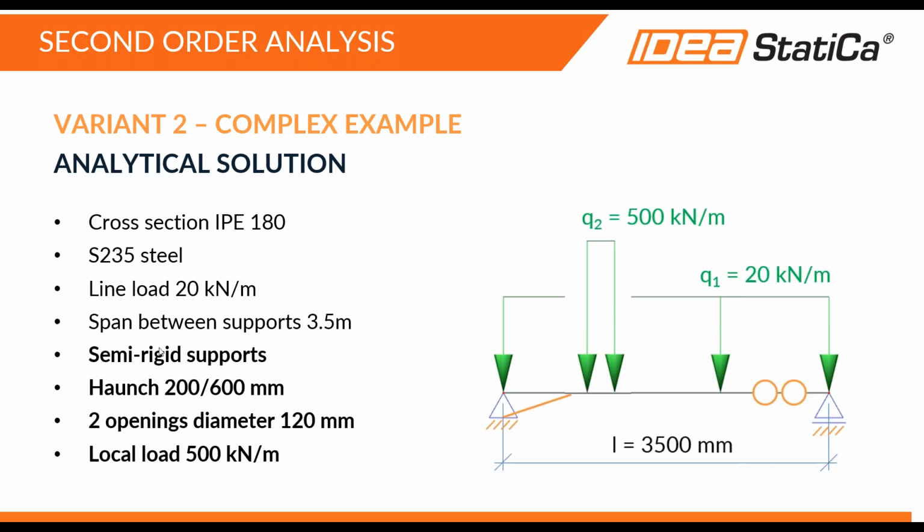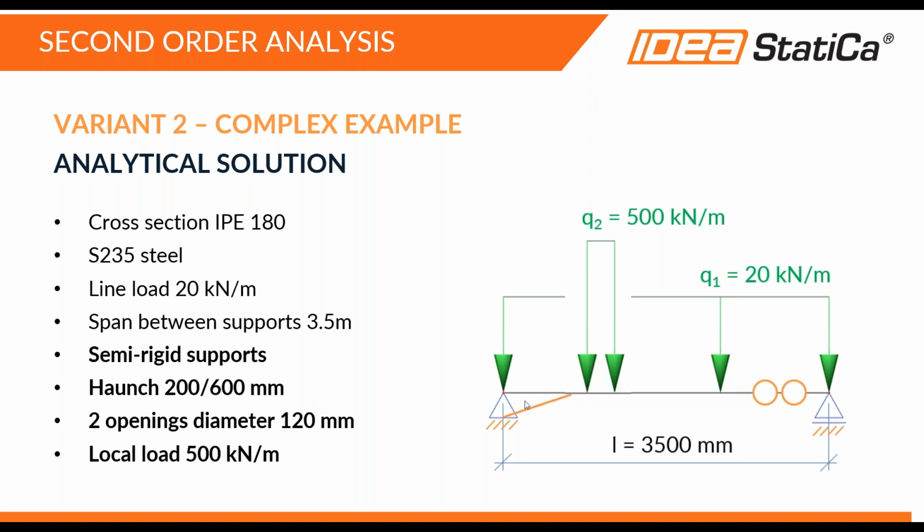What is different is that we are changing the hinged or pinned supports to some semi-rigid, or unknown rigidity supports. There will be a haunch and an end plate on the left side and a simple end plate on the right side.